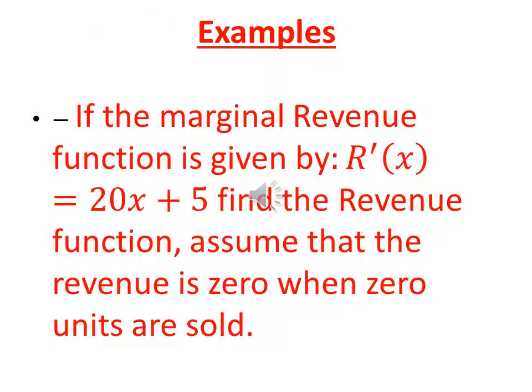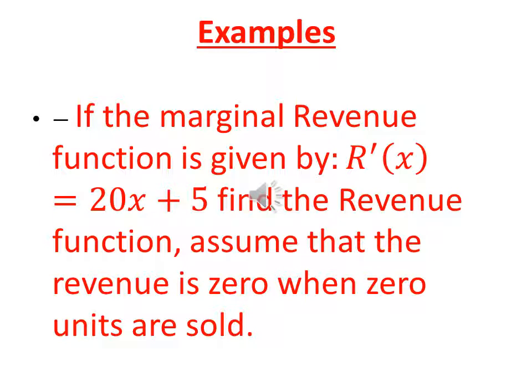Look at this example. If the marginal revenue function is given by r dash of x equals 20x plus 5, so given the marginal revenue, find the revenue. To get the revenue, we integrate the marginal revenue.